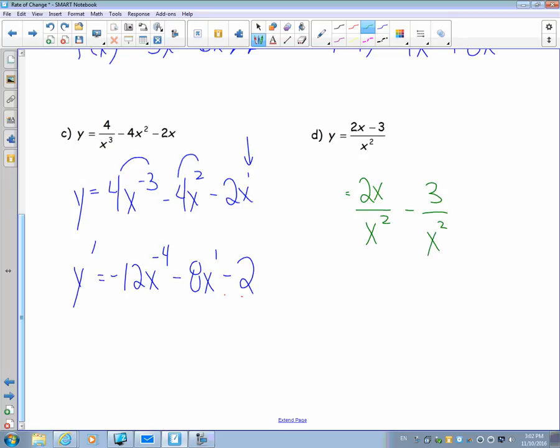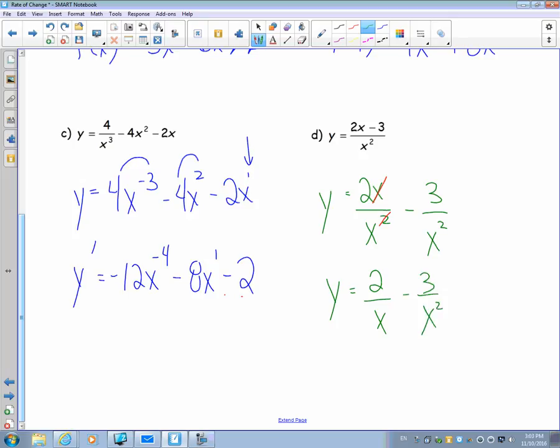Just in the two parts back again. I can then simplify each fraction. And by that I mean, let's cancel out things that appear on the top and the bottom that are the same. For instance, there's an x on the top and an x on the bottom. Let's get rid of one of each. So I end up with 2 over x. I canceled an x from both the top and the bottom.